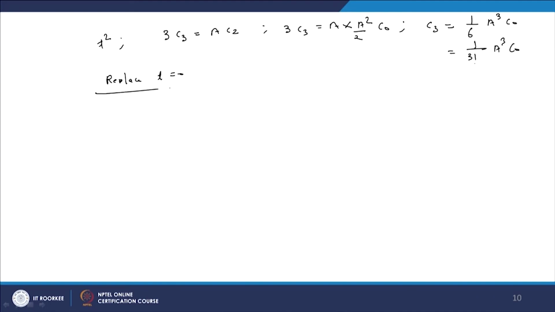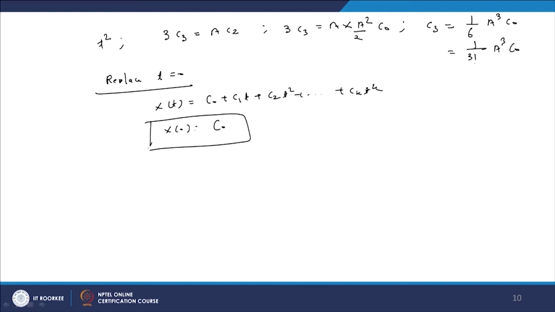Suppose you replace t equals 0 in the equation of x of t, that is x of t equals C0 plus C1 t plus C2 t square plus up to Ck into t to the k. You will get x of 0 equal to C naught. Now, we have got the values of C0, C1, C2, C3, assuming we got up to Ck.